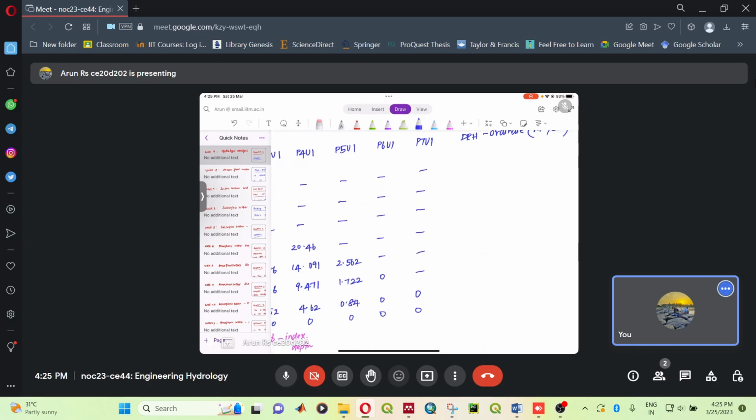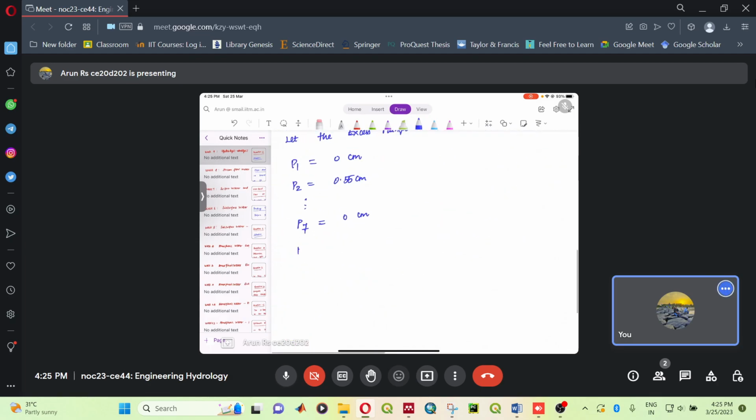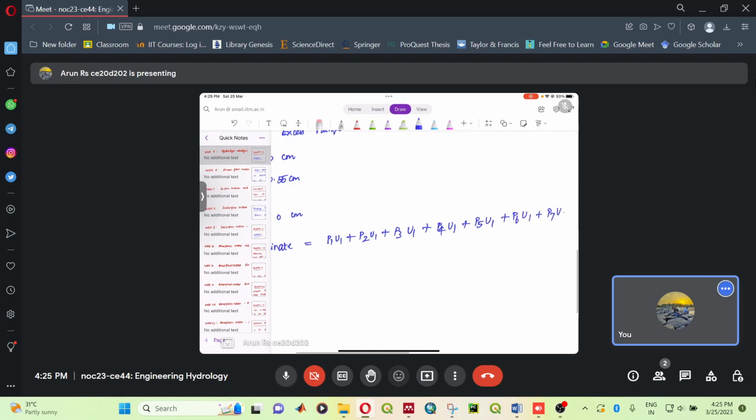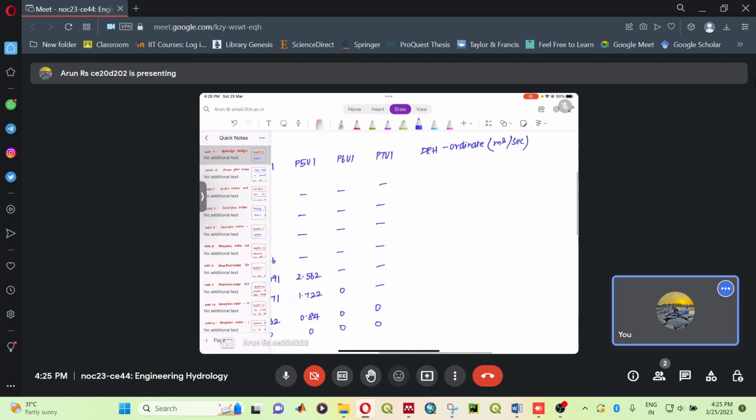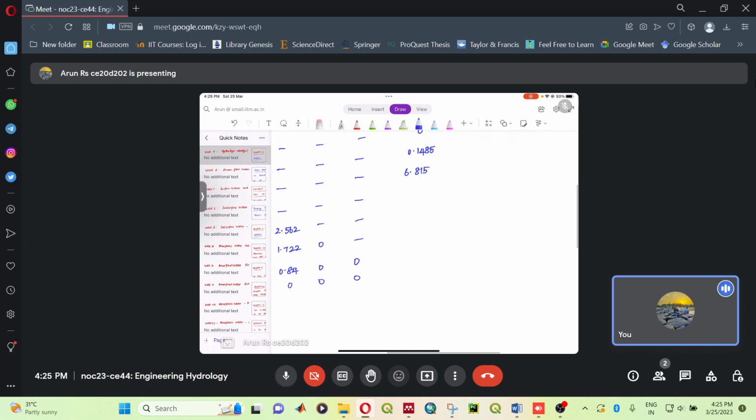So now we add all the values. So that will be 0, 0.1485, 6.815, 25.03.